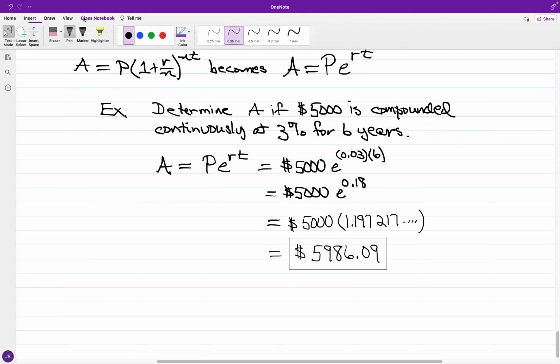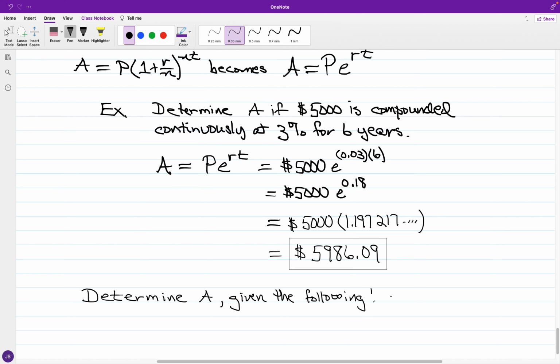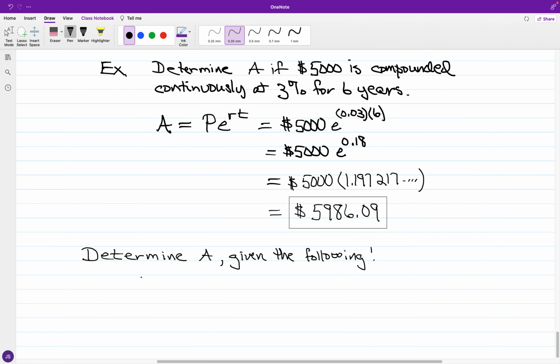Tell you what, just for the next few moments, let's see what we get for A. We're to determine A given the following. We'll say we have the first case.